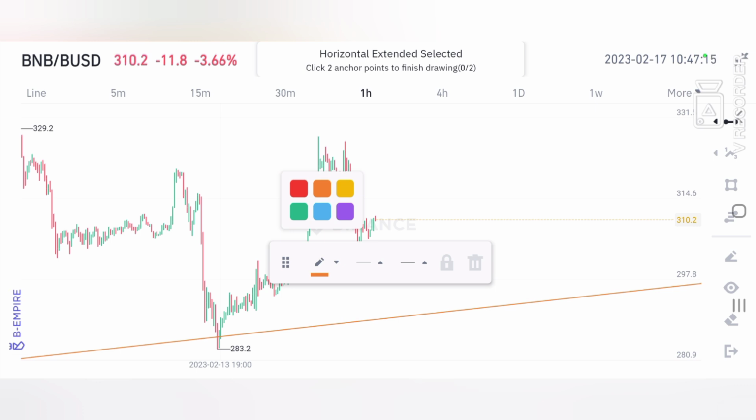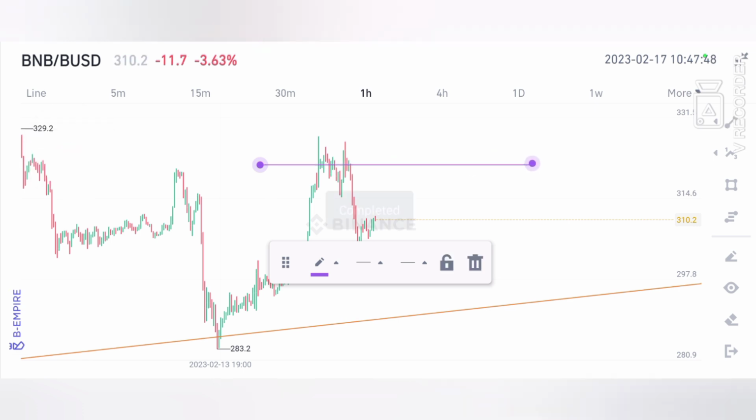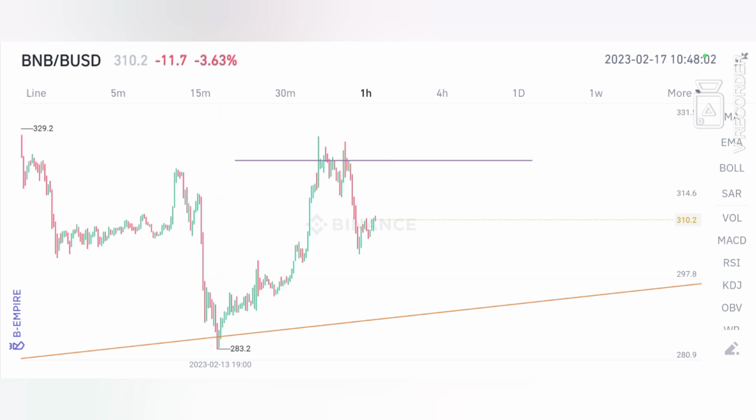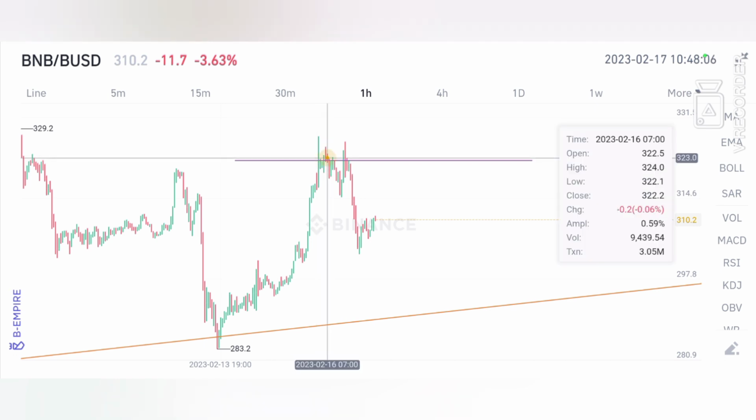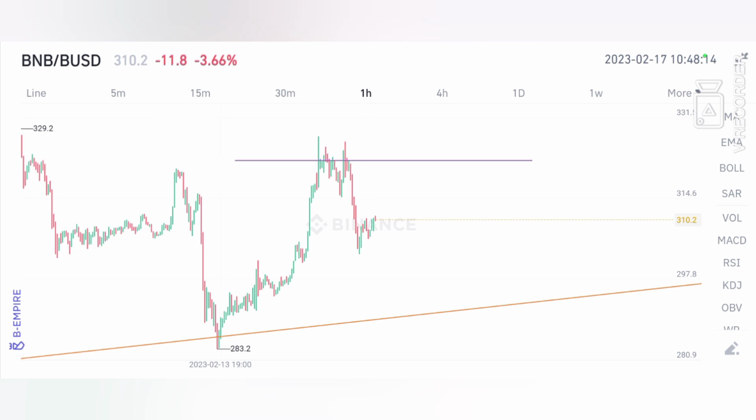Let me use purple for our structural time frame analysis, so that we don't get confused. Over here we can see a resistance level that has been tested for quite some time. The coin respected this as a resistance level twice, making it a good resistance level.